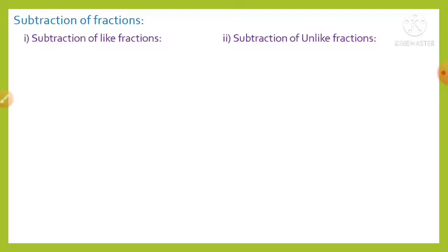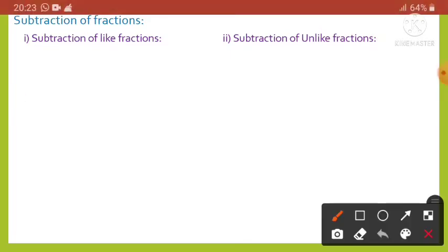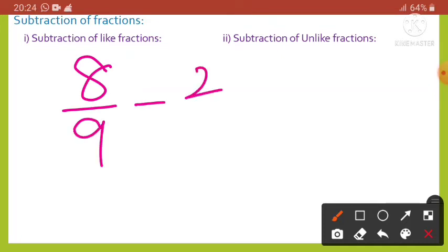Subtraction of like fractions can be done by simply subtracting the numerators when the denominators are the same. Suppose I take an example, 8 by 9 minus 2 by 9.